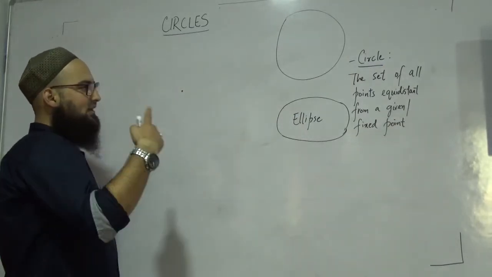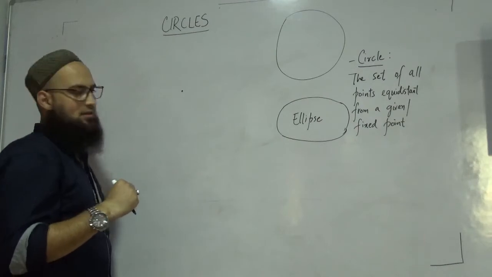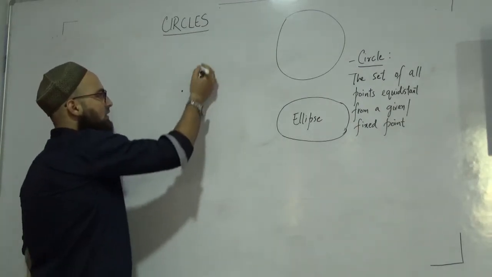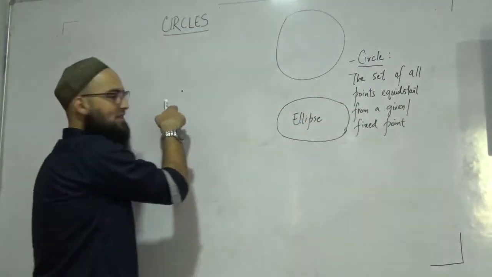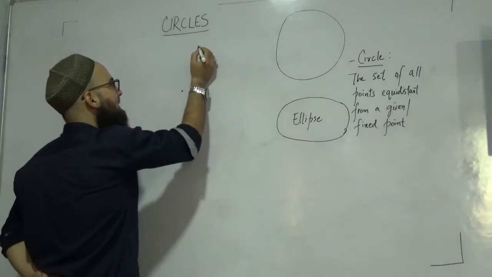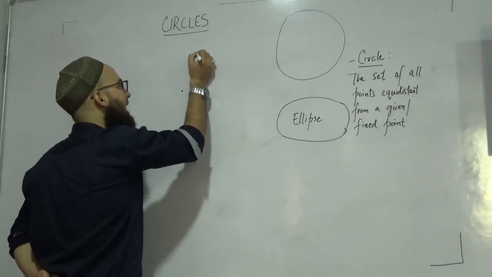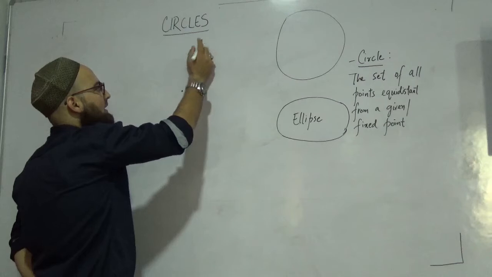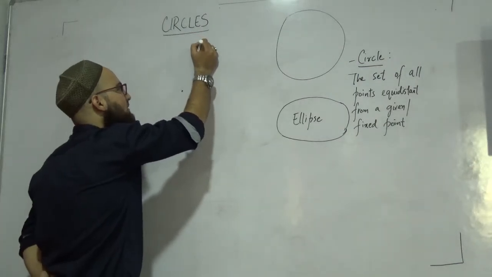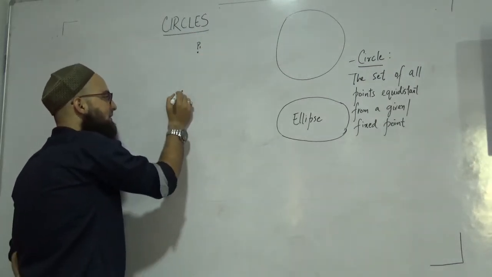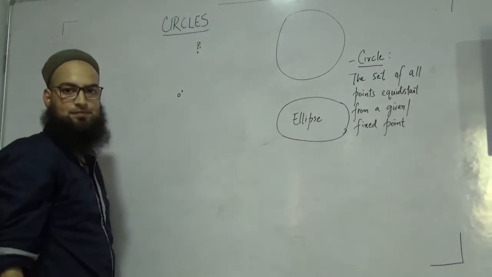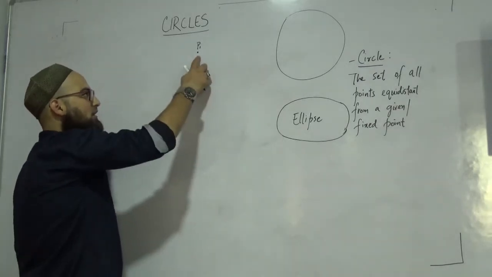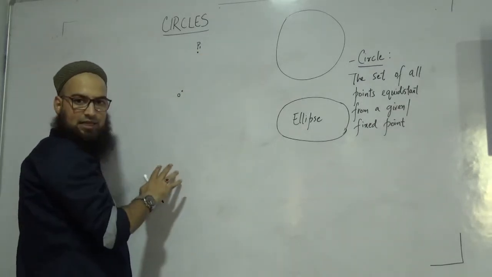Now let us make the set of points which are equidistant from this given point. For example, I'll take one point at some distance from this fixed point. Let me name this point as P1, and let me name this fixed point as O. Take a point P1 anywhere in the plane.